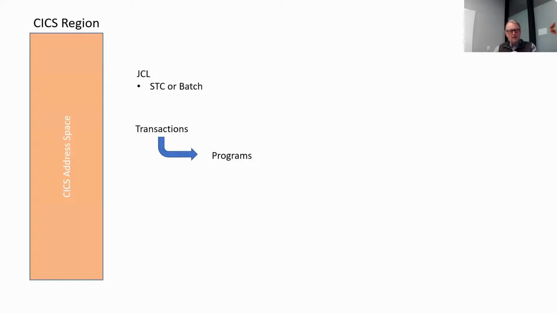So the value of that is you can define a transaction and keep the transaction name the same, but change the underlying programs so that you can keep a consistent user interface to that system. It can access files, usually a particular type of file called a VSAM file. I'm going to touch very briefly on that. Or it can access databases like DB2 or IMS, and it can also use MQ series, which is a queuing system to move data from disparate systems one way or another in a cache.